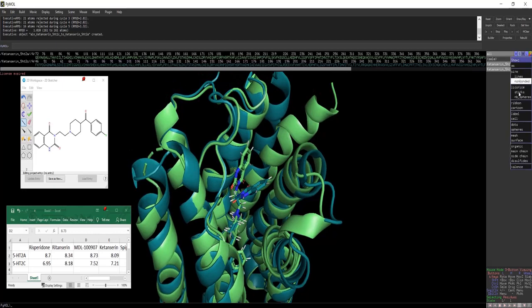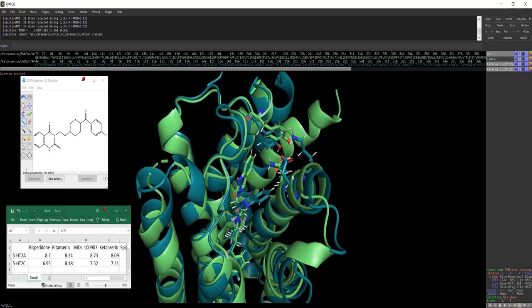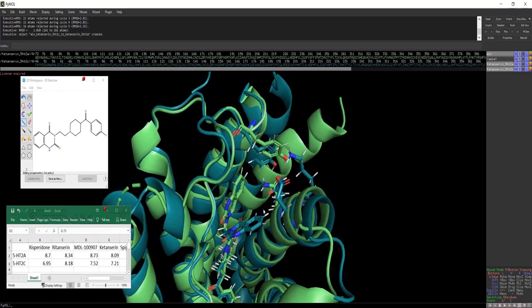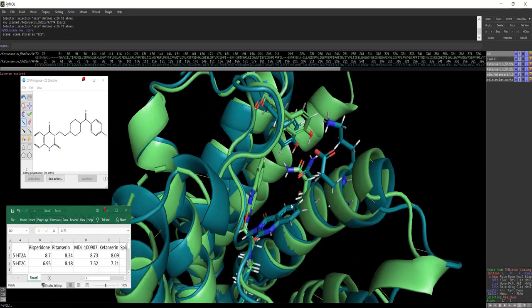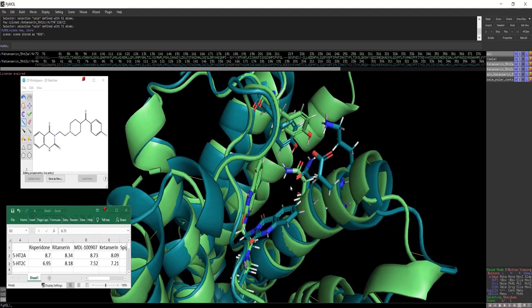And if I show that tyrosine, asparagine, and glutamic acid portion, here we can see again the tyrosine in 5-HT2C is shifted a little left into the pocket, whereas in 2A it shifts further outward. We can see here that the aromatic ring has hydrophobic interactions with the glutamic acid, and there is an additional factor that I have not previously discussed, and that is this lysine, which is an alanine in 5-HT2A.